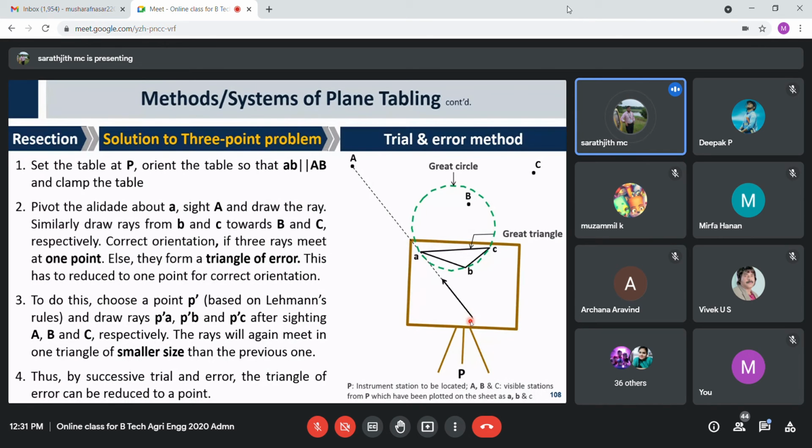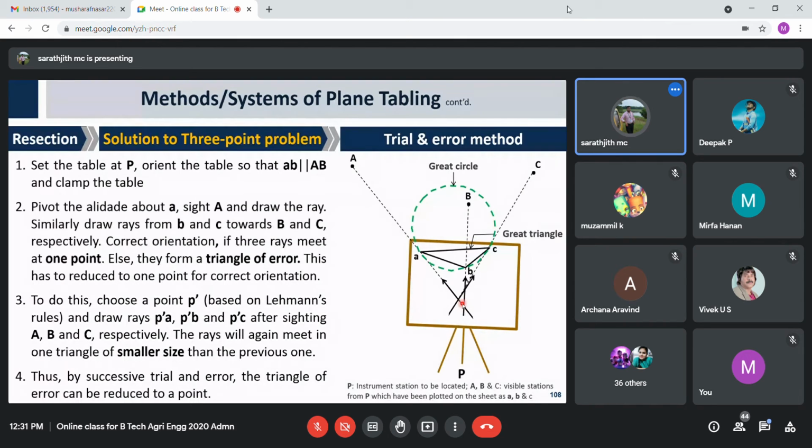Likewise, you draw a ray after sighting the instrument station B, and this is the ray you will get after sighting station B. Then if you sight station C, you will have another ray.